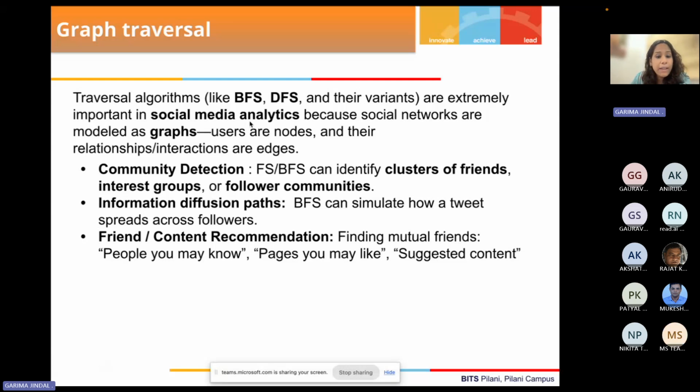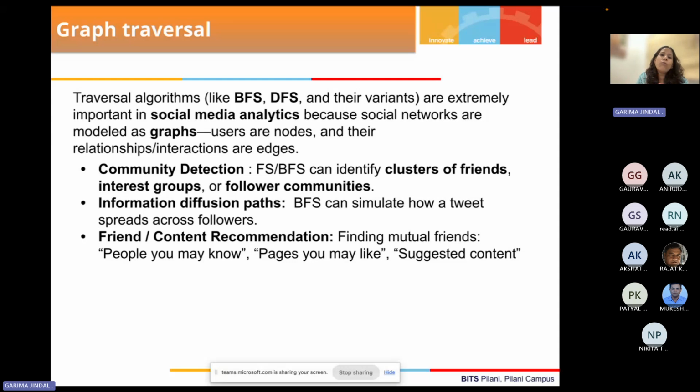Why are they important? Firstly, for various community detection algorithms. Whenever we study these community detection algorithms, BFS and DFS form the fundamental algorithms for identifying the clusters and the friends of friends. Whenever you want to identify ego networks, what are ego networks?